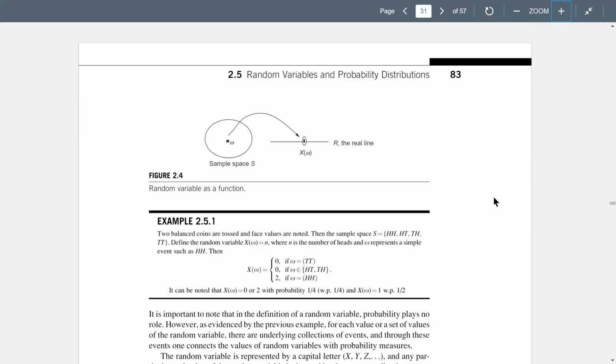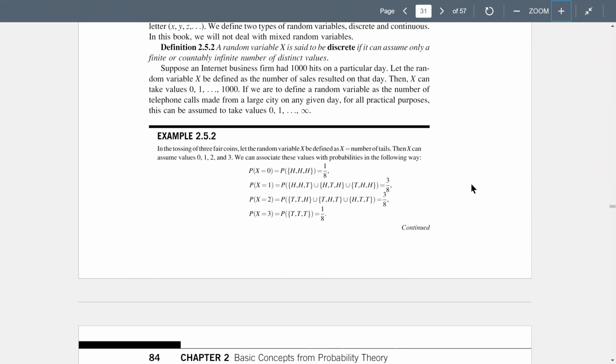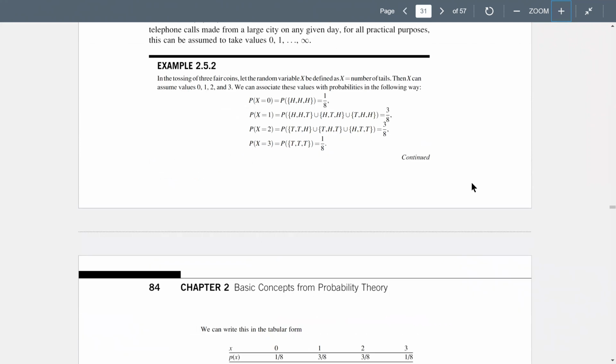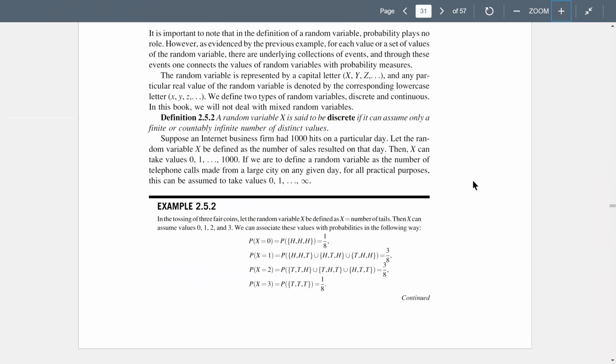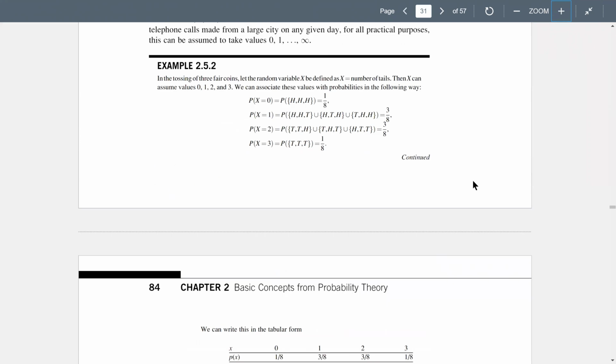Okay, I'll quickly go over the examples. As I mentioned, I'll use examples as part of the lecture because an example is easier to digest than theory, which is too theoretical. Now here, if you toss 3 fair coins, then what are the possible outcomes?